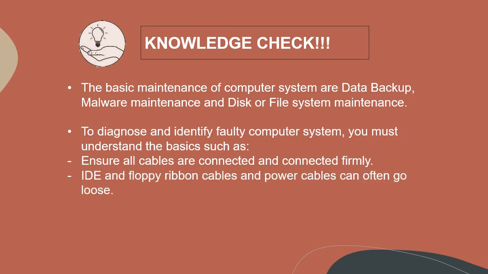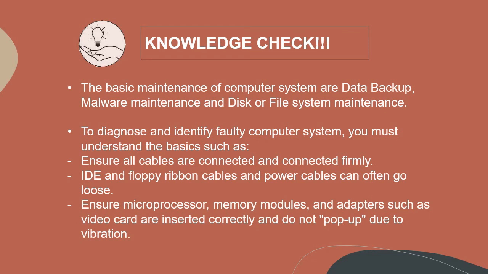IDE and floppy ribbon cables and power cables can often go loose. Ensure the microprocessor, memory modules, and adapters such as video card are inserted correctly and do not pop up due to vibration.